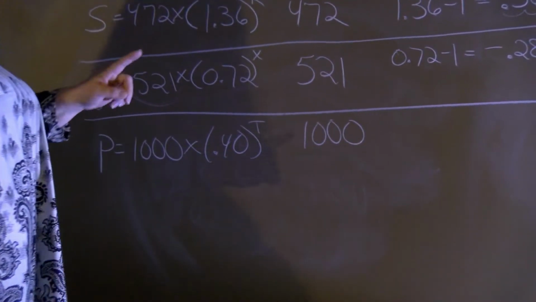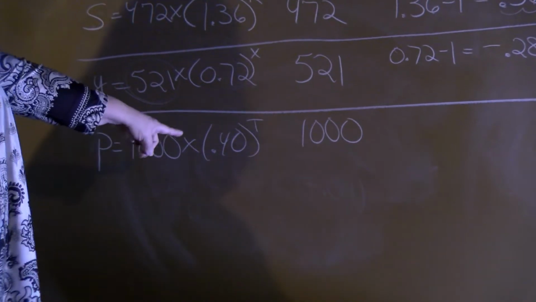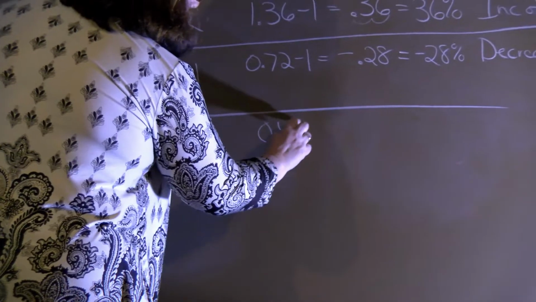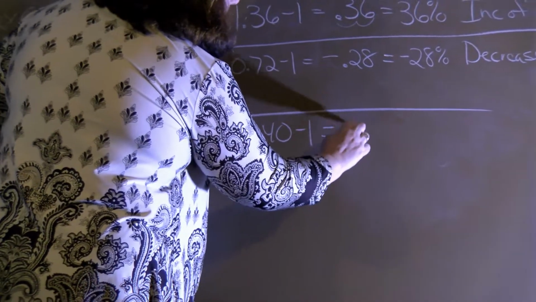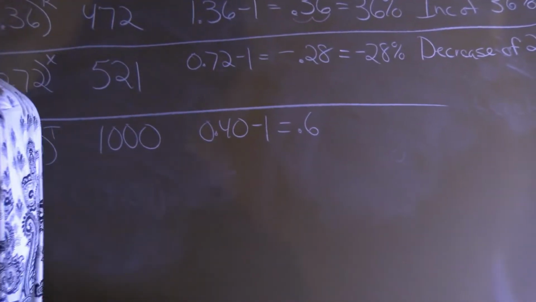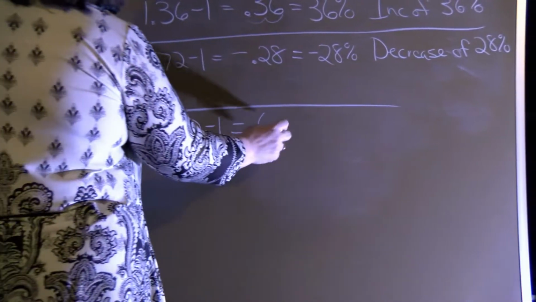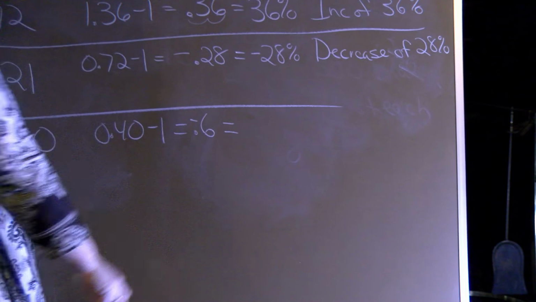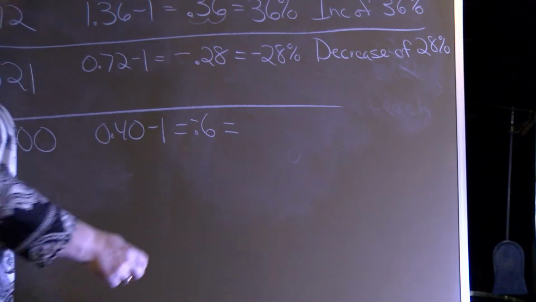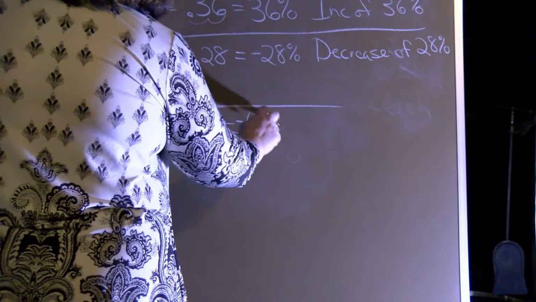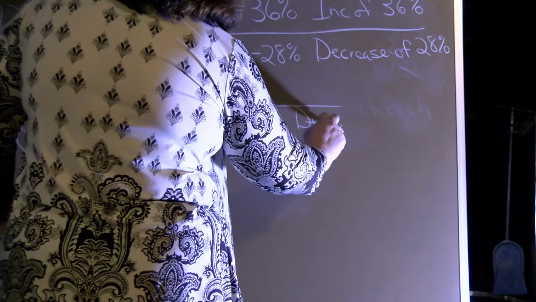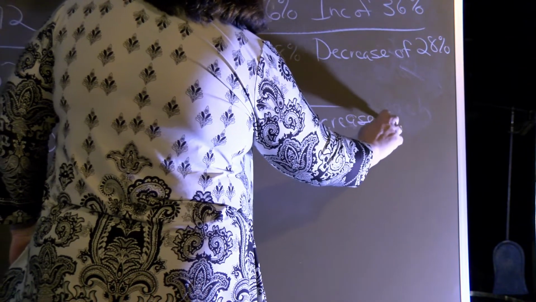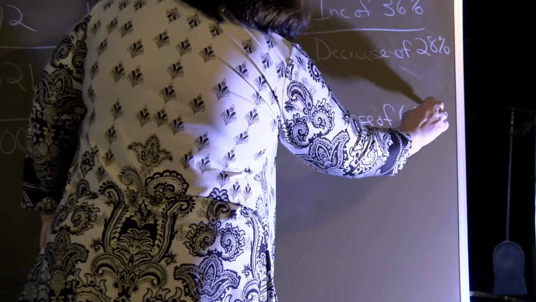But the initial amount is 1,000. We take the part inside, subtract 1 and get negative 6/10. Multiply that by 100 to get our percent. Now remember, you should have gotten a negative, which means it's going to decrease. So there's a decrease of 60%.